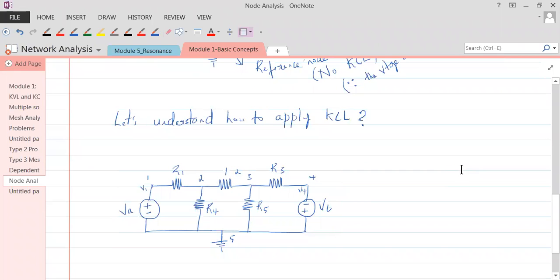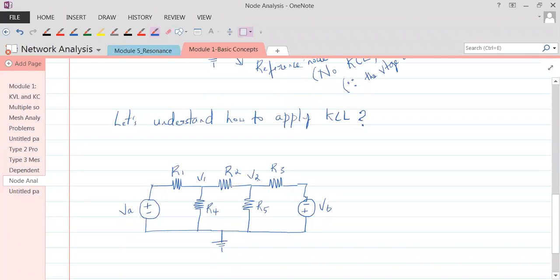Fine. R1, R2, R3. Okay, and I don't want these. Fine. Now let me say this is V1 and V2.